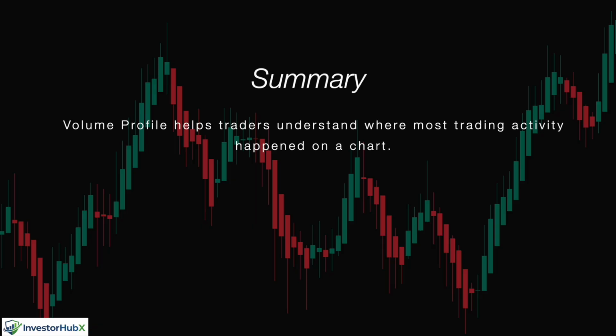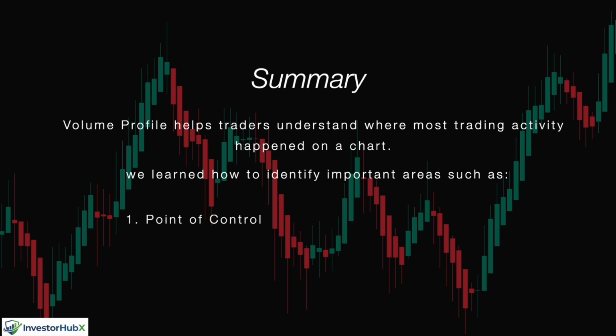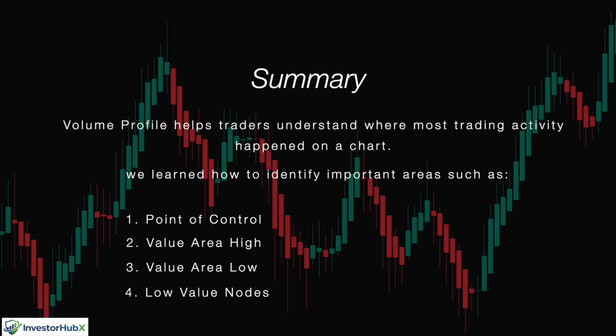To summarize, volume profile helps traders understand where most trading activity happened on a chart. In this video, we learned how to identify important areas such as point of control, which is the price level with the highest trading volume, value area high, which is the upper boundary of the main trading zone, value area low, which is the lower boundary of the main trading zone, and low volume nodes, which are areas where price can move quickly.